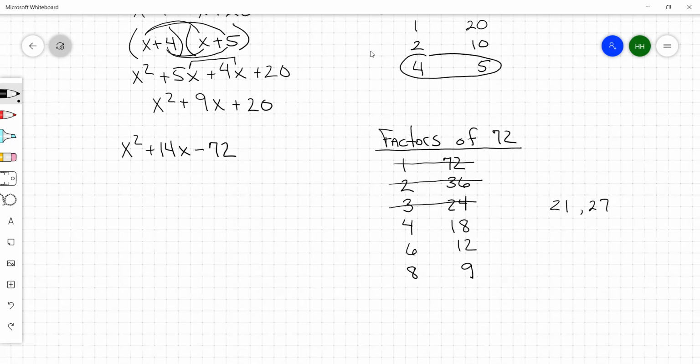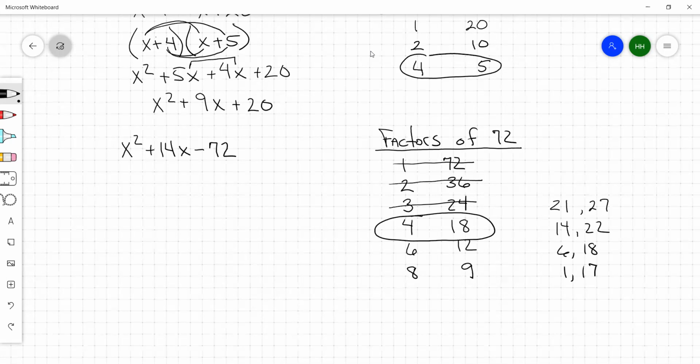Those won't work. 4 and 18. Well, with a 4 and an 18, you can get a 14 and you can get a 22. There's your combo, right? Because your 6 and 12 doesn't work. That gives you a 6 and an 18. And 8 and 9 don't work because you get a 1 and a 17. So there's your factors.